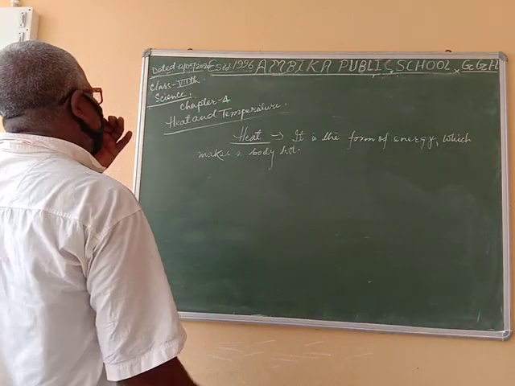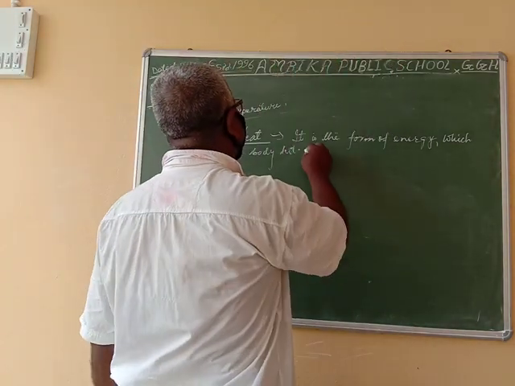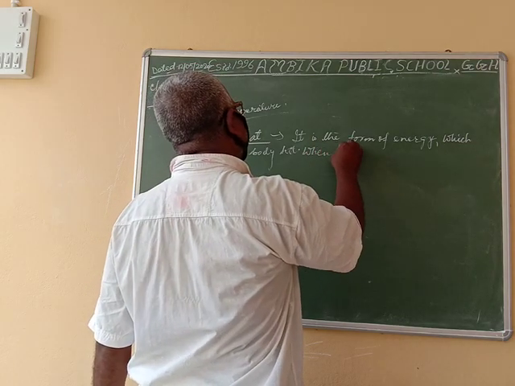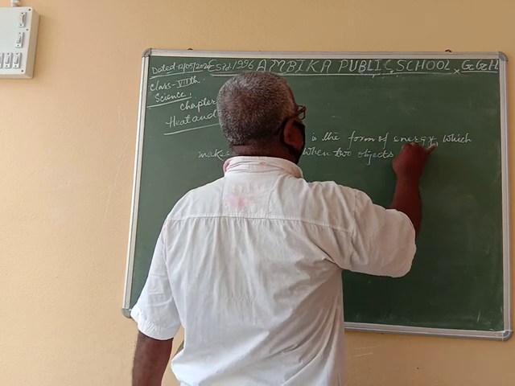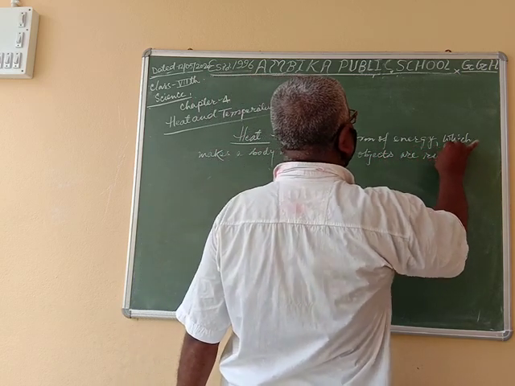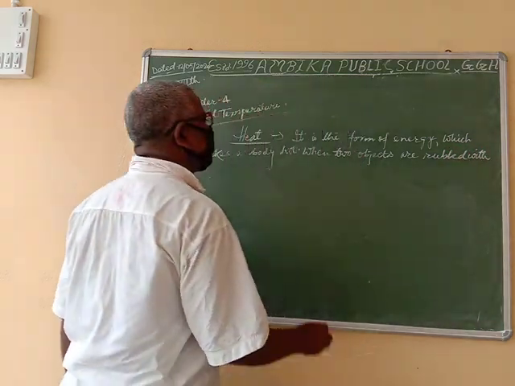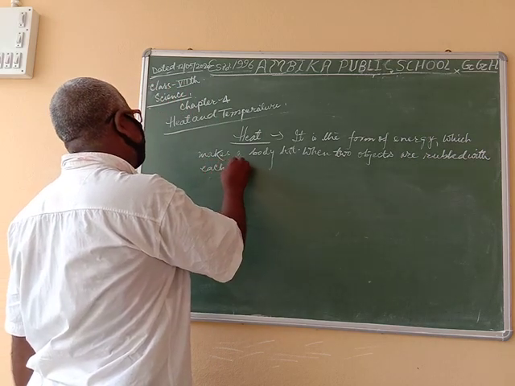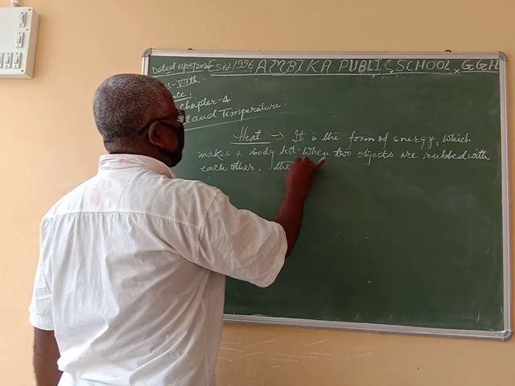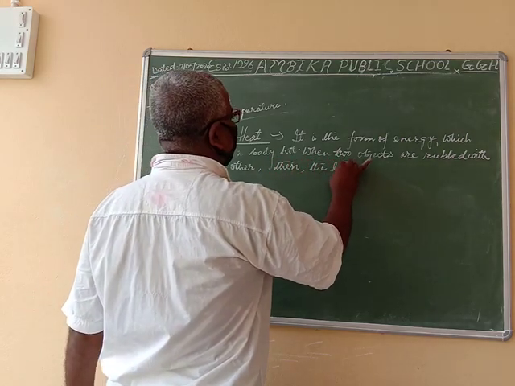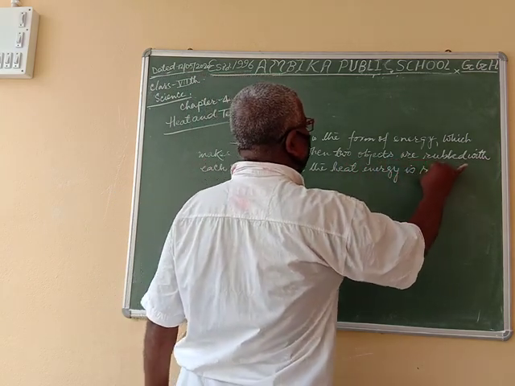How is heat produced? By rubbing. When two objects are rubbed with each other, then the heat energy is released.